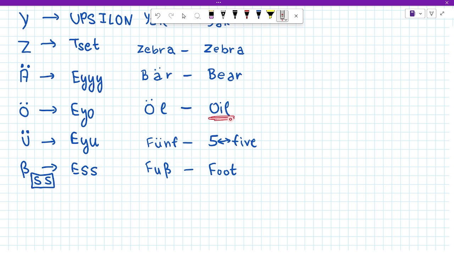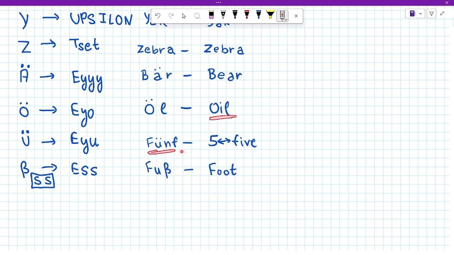In English, it's oil, but in German, it's O umlaut and L, pronounced as eol. You can replace the O with EO, then you will get the correct pronunciation. Eol, which is oil in English.